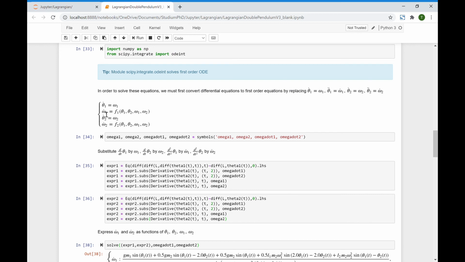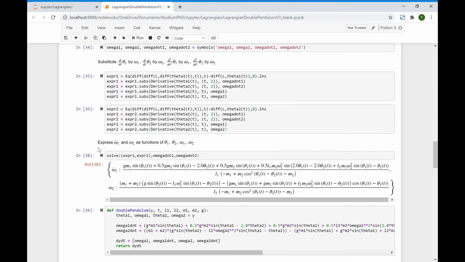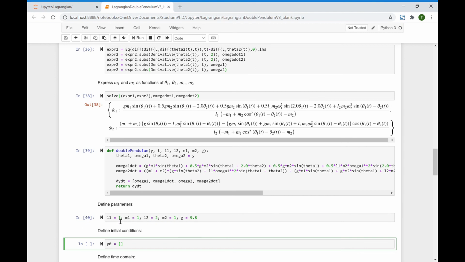We can assume that omega 1, omega 2 are initially 0 and set only the values for theta 1 and theta 2. So theta 1 can be pi over 2, omega 1 is 0, theta 2 can be, I don't know, pi, omega 2 is also 0.